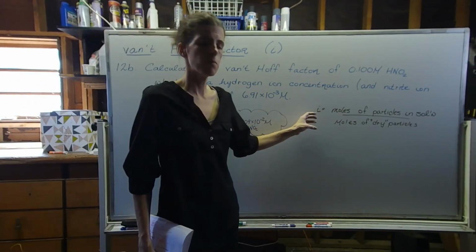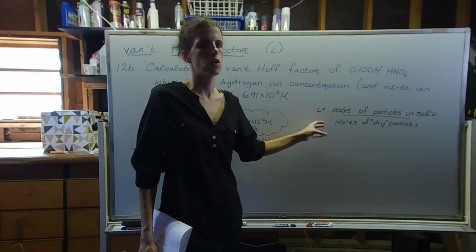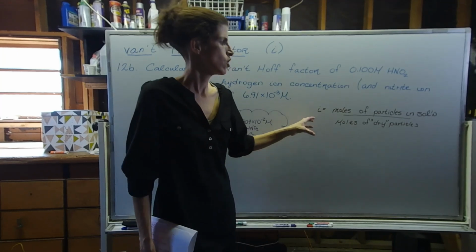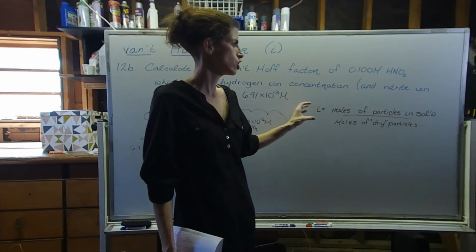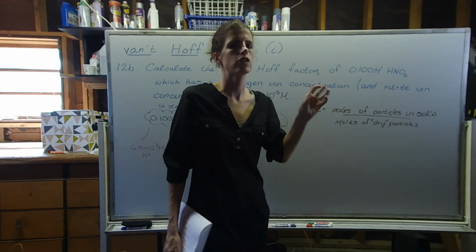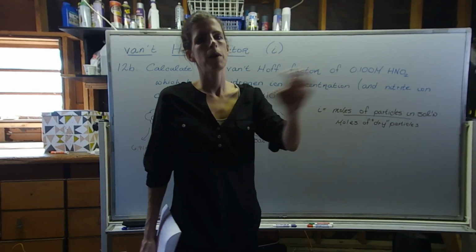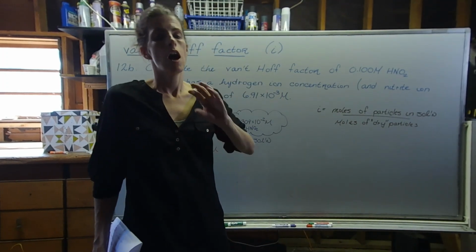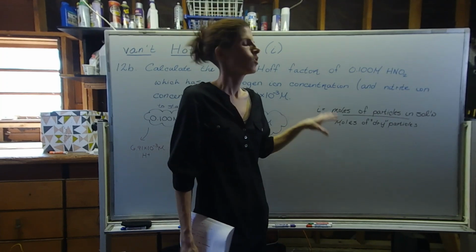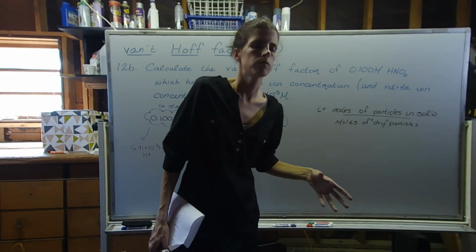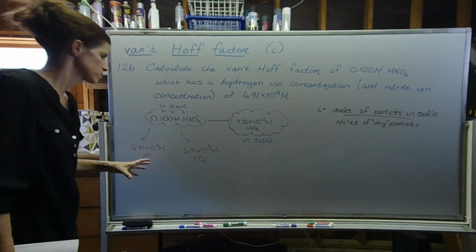So what came to mind was this formula that we worked on earlier when we did the beaker problems. The ratio of the moles of the particles that are actually in the solution divided by the moles of the particles before you put them in the solution will give you your Van't Hoff factor. How can we work this?